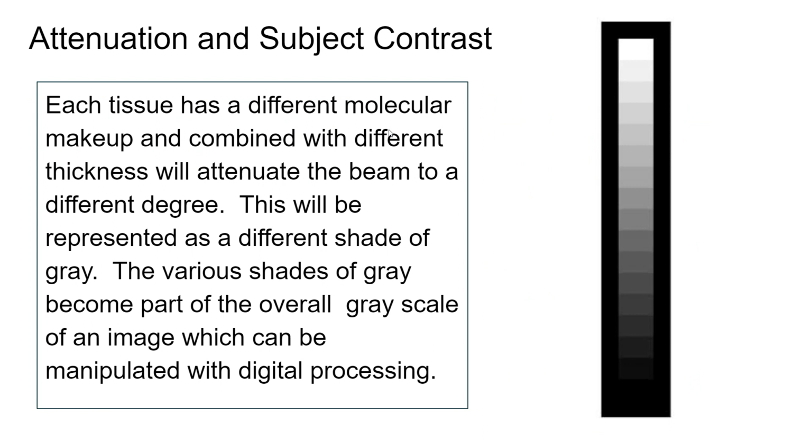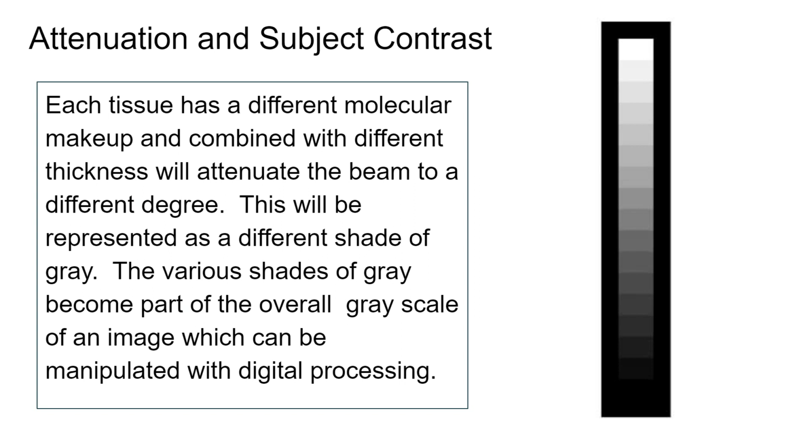All of those differences, which I sometimes refer to as differential absorption, are going to create different shades of gray. So here's a scale of contrast, goes from black to white or white to black, however you want to say it. The more grays you have, the longer the scale. We can call it long scale contrast because there's lots of grays.